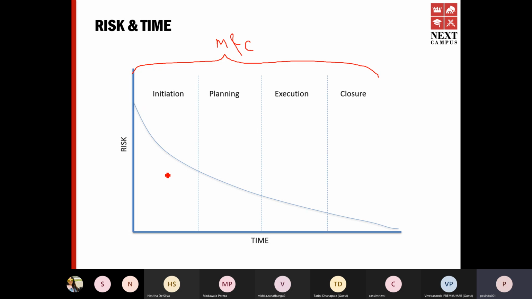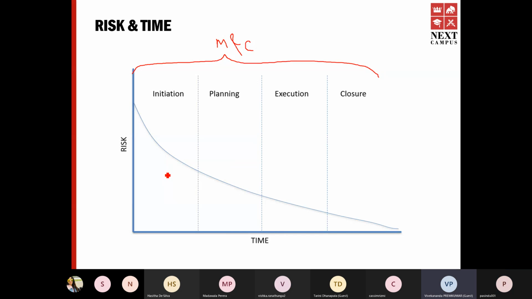When is the risk highest to a project? In the beginning? Yes, in the beginning. Why is it highest in the beginning?